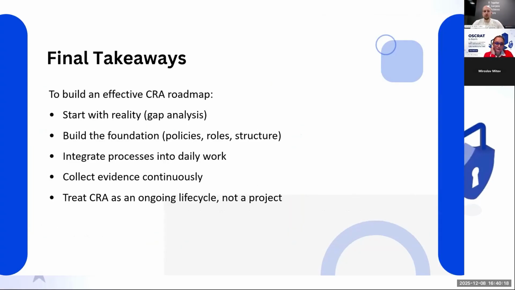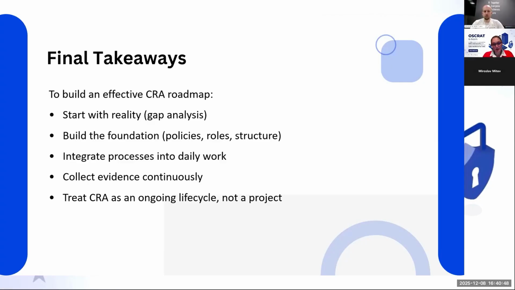So finally, to build an effective CRA roadmap, start with a realistic assessment of where you are today. Then build a strong foundation of policies and rules. Integrate the process into your everyday work. And of course, collect evidence continuously.